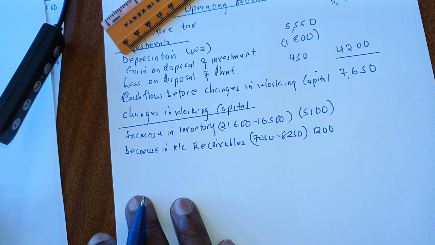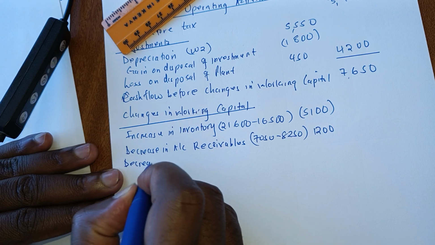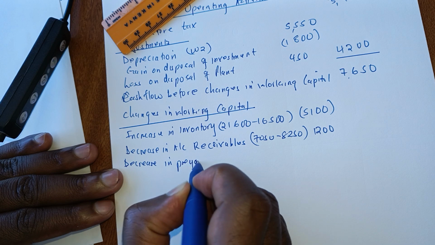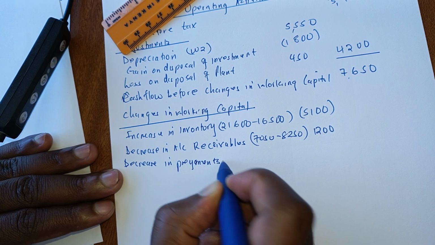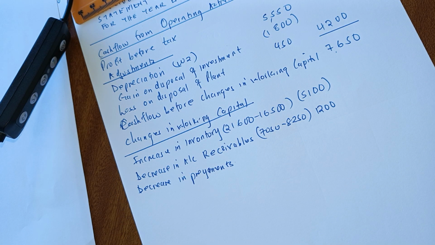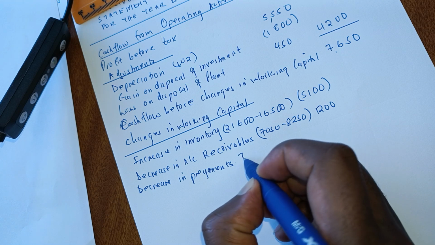You can see prepayment reduced, a decrease in prepayment. You know, prepayment is when you pay expenses in advance. So when you see it decreasing, that means that you are not making more prepayment.